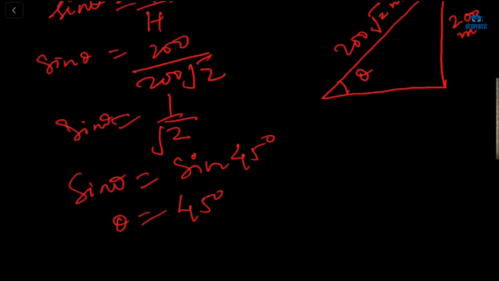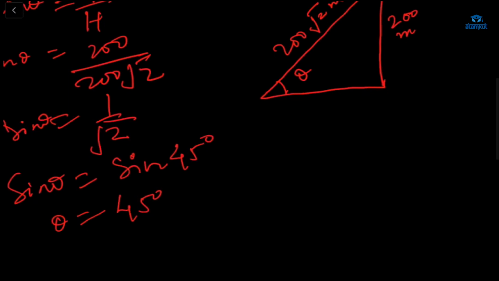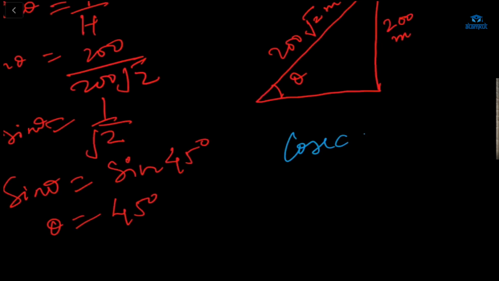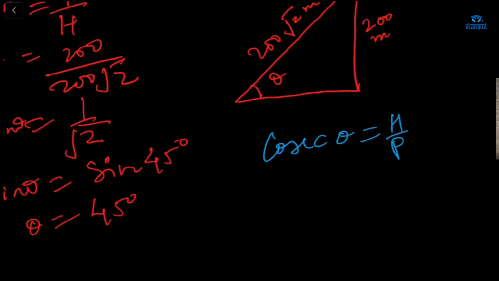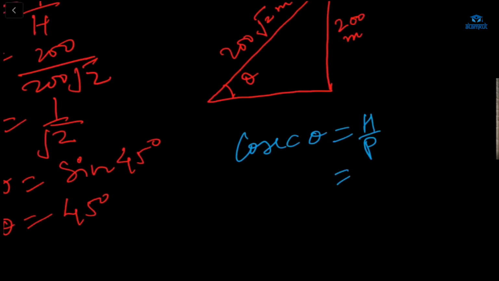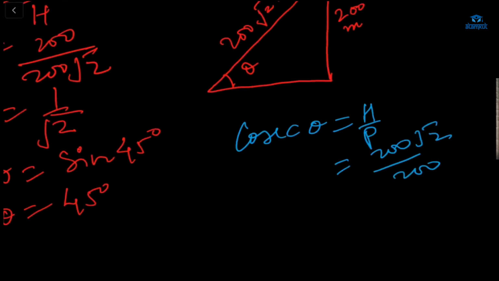Any doubt? And if you are going to use cosec instead of sine, the values will be same or not? Because cosec also has the same but inverse. Let's see, cosec theta will be equal to what? Hypo upon perpendicular. Yes. So it will be 200 root 2 upon 200. So it will give you root 2.